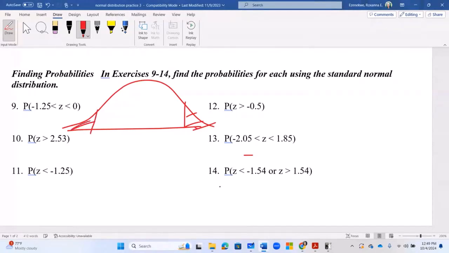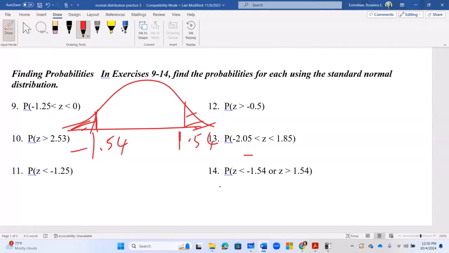This is negative 1.54, and this is 1.54. The absolute values of these two numbers are the same. Therefore, the area will be equal. The normal curve is symmetrical.